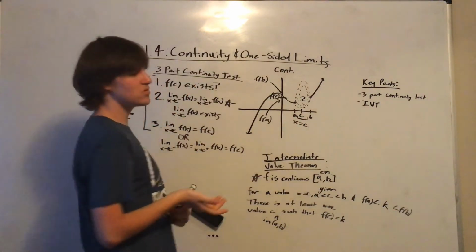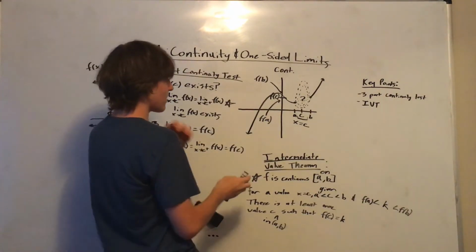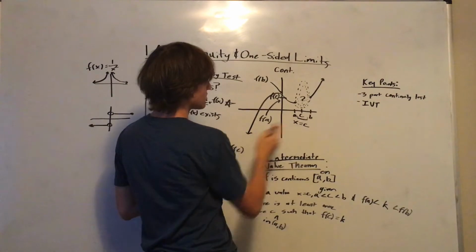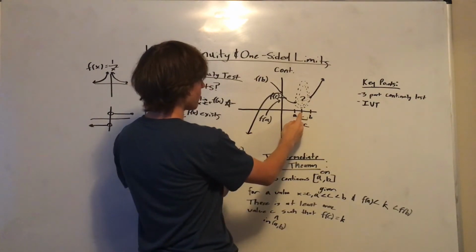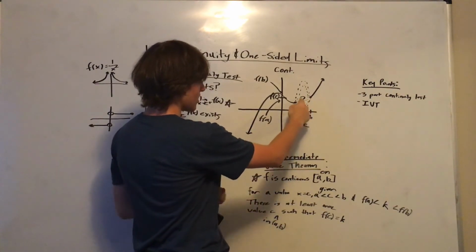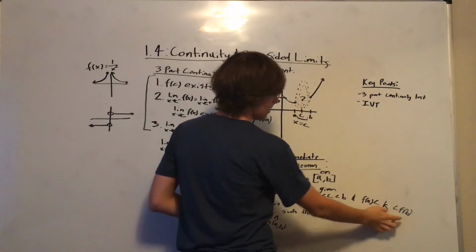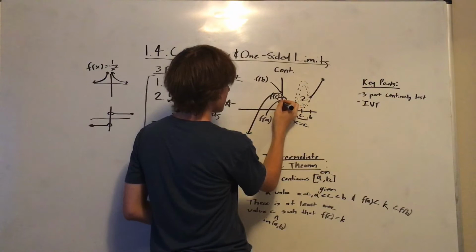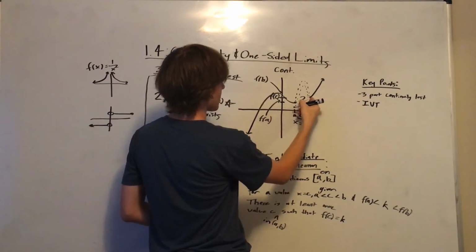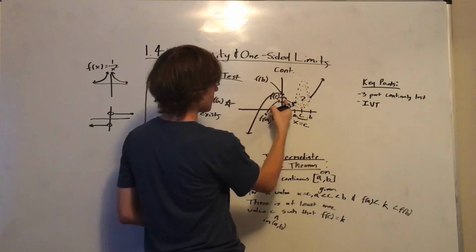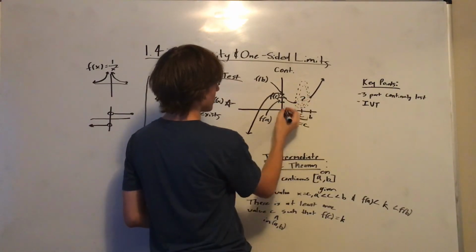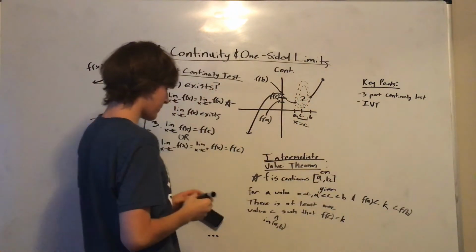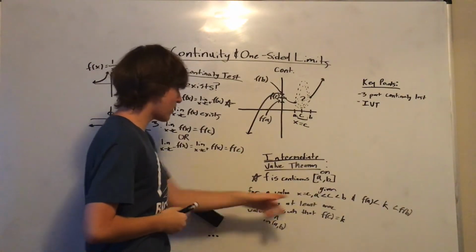There is at least one value, x equals c, in here, such that the function will output k, given that k is between the two vertical bounds of the function. Like right here at f of a and right here at f of b, there has to be a place on the function that passes through f of c, which we're calling k.